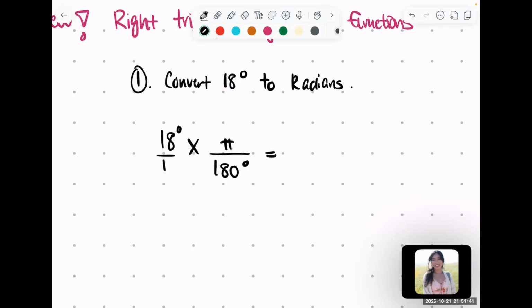But then you just do 18 times pi, 18 pi over 1 times 180. That gets rid of the degrees, and then I'm pretty sure you could simplify this, and this would be pi over 10. And that's your final answer.